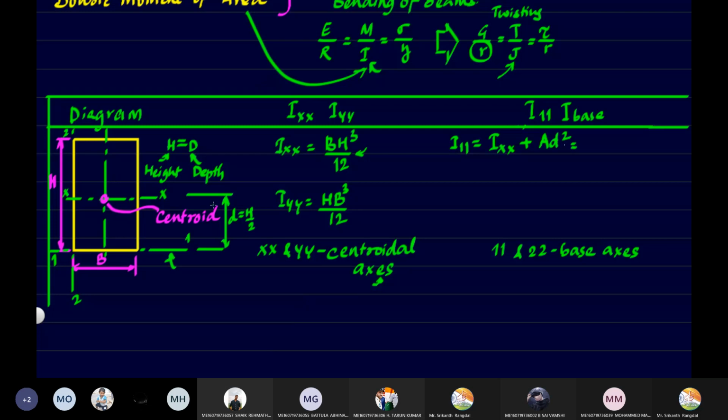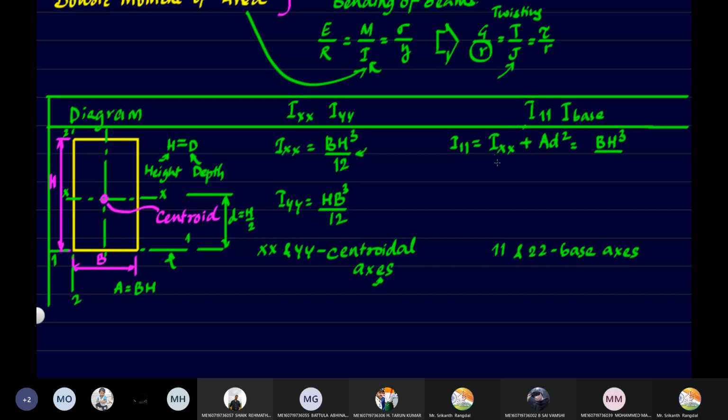And area, what is area? H into B. Area is b into h or h into b, whatever you want to write. And d value is h by 2. So substitute all these and find, what do we get? This is bh cube by 12.